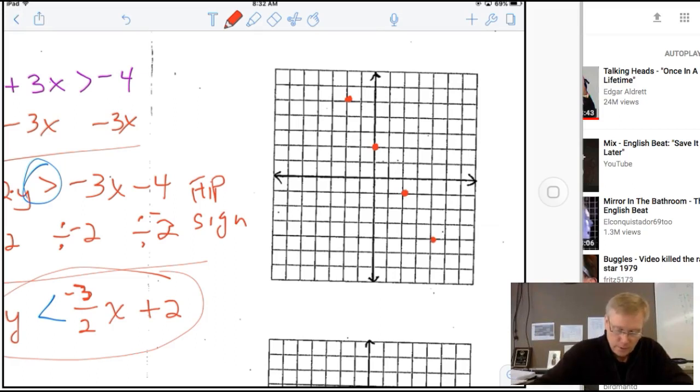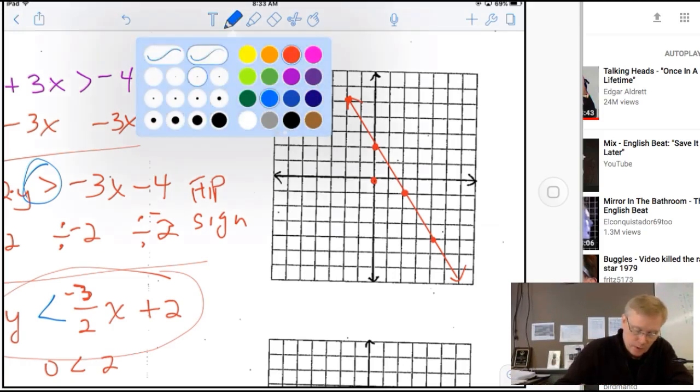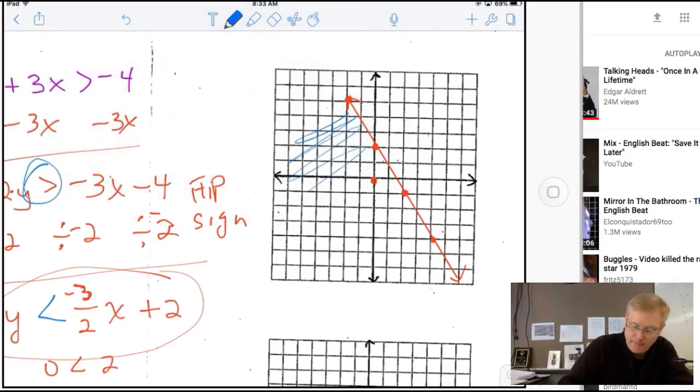Okay, I got enough points now. Now I can make my line. Make it nice and long. Put some arrowheads on it. All right, now you could do a test point if you want. If you plug in 0, 0, you'll get 0 is less than 2, which means that's the side of the line you shade. Or you can just look at it and go, gee, it's y is less than, therefore I'm going to be shading below the line.